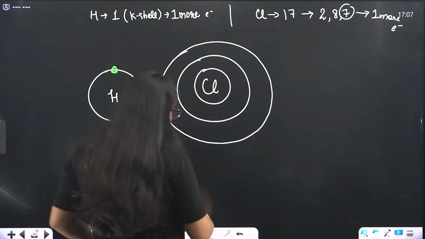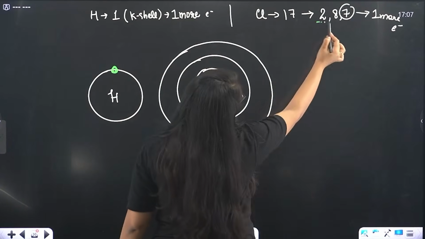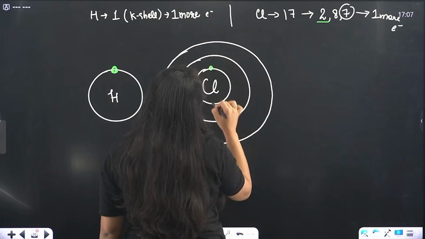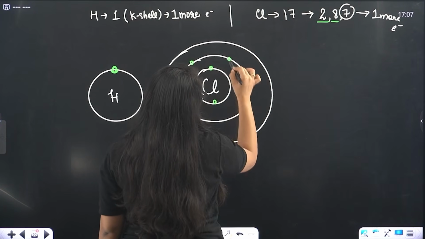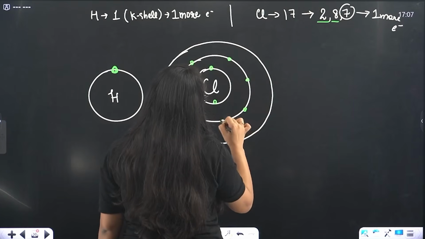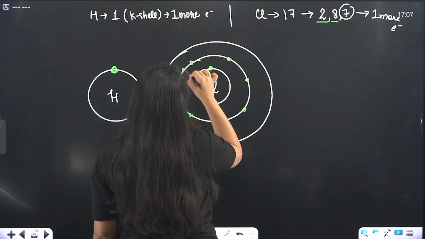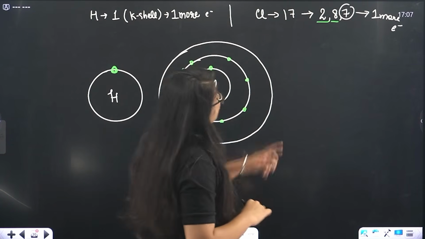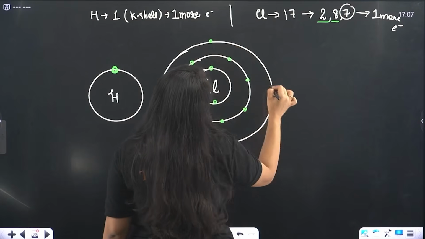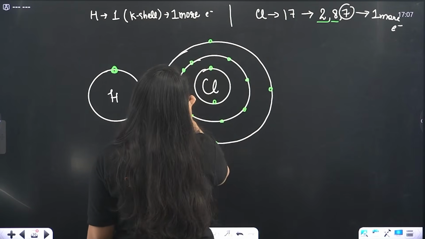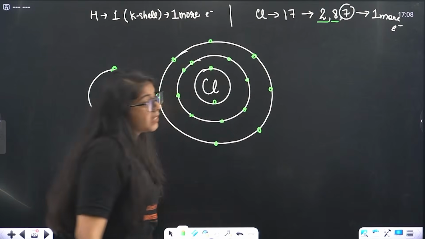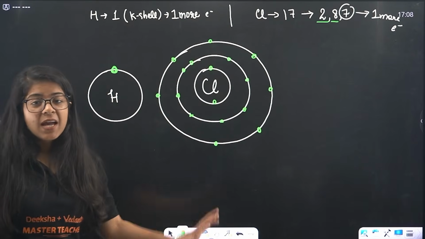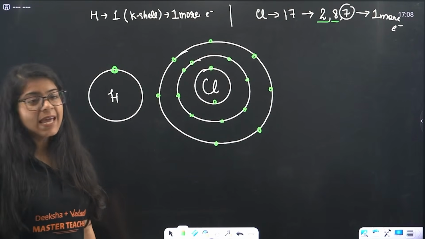So there are 2 electrons of chlorine in the K shell, 8 in the second shell, 1, 2, 3, 4, 5, 6, 7 and 8, right? And 7 in the last shell, 1, 2, 3, 4, 5, 6, 7, right? 7 electrons in the M shell, okay, KLM.